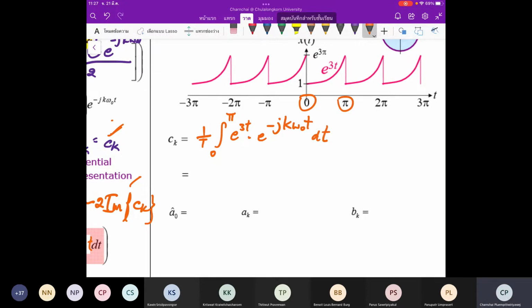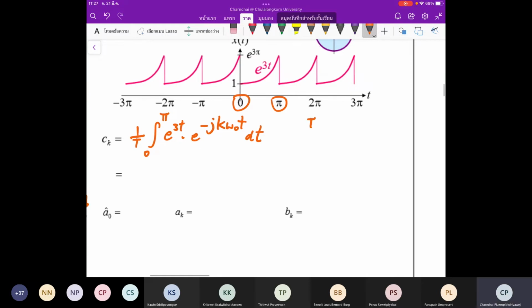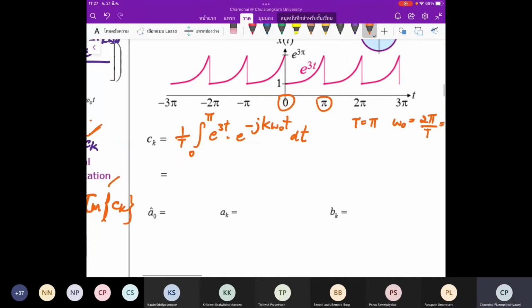What is omega naught? T is equal to pi, so omega naught is equal to 2 pi over T, which is 2.